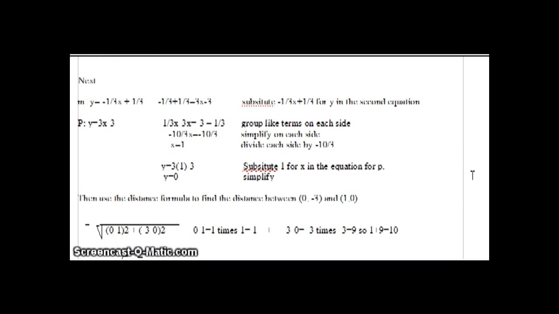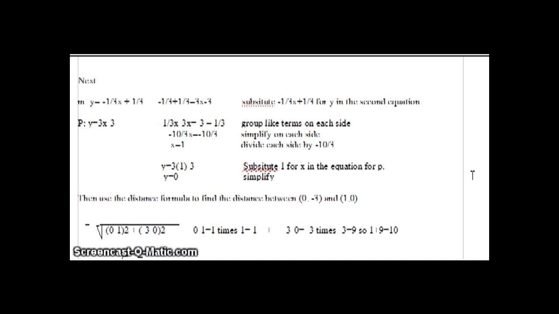Next, line M is y equals negative 1/3 x plus 1/3, and line P is y equals 3x minus 3. Substitute negative 1/3 x plus 1/3 for y in the second equation, so negative 1/3 x plus 1/3 equals 3x minus 3.